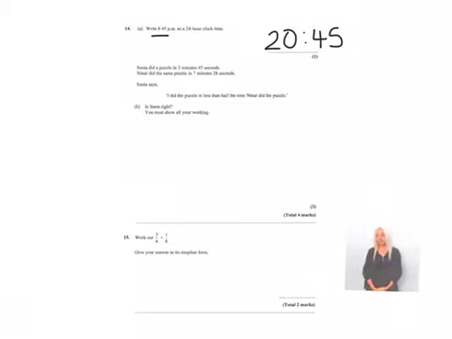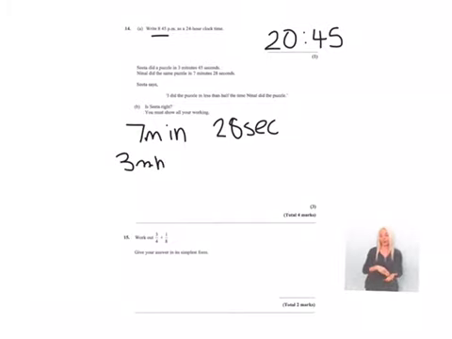Sita did a puzzle in 3 minutes 45, and Ninal did it in 7 minutes 28. Sita says, I did the puzzle in less than half the time Ninal did the puzzle. Is she right? So what you need to do is half Ninal's time. 7 minutes 28 seconds. And you need to half it. Half of 7 minutes is 3 minutes and 30 seconds.